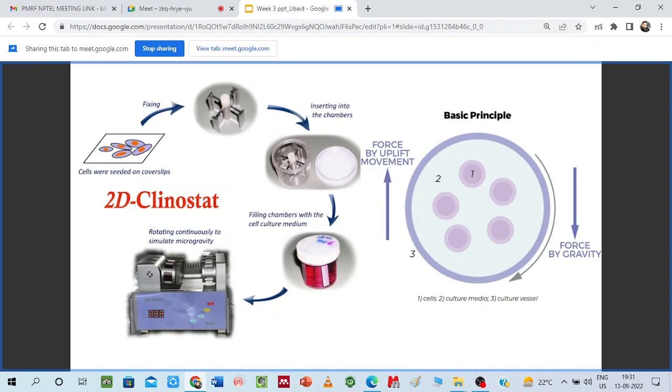And the cells of our body, on the earth, have the microenvironment, but they also have the gravity. Earlier we did not know that gravity also has an effect on the cells, but when the person goes into space, the cells do not experience the gravity.